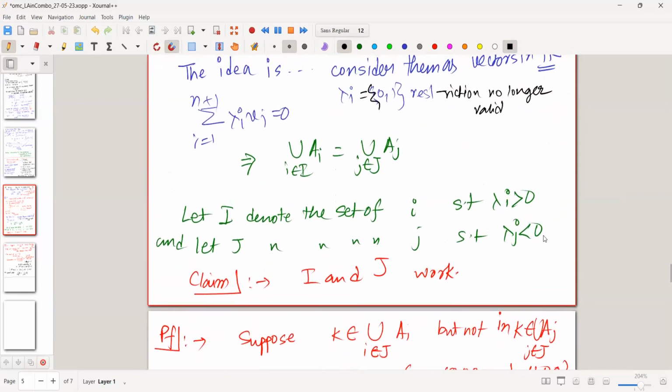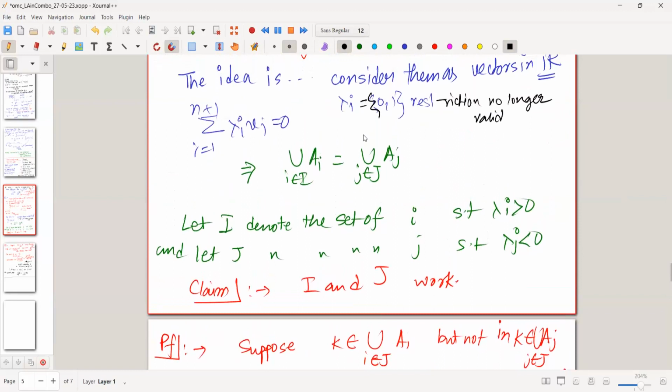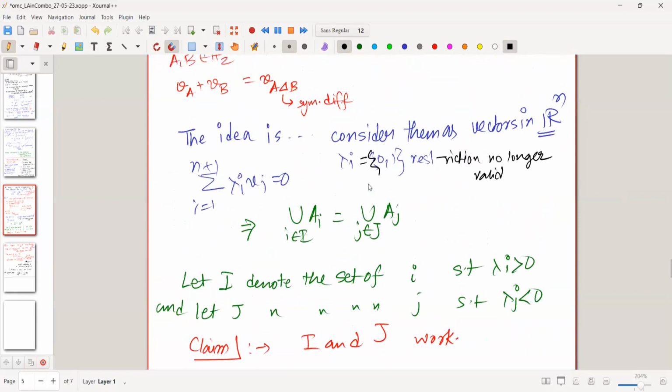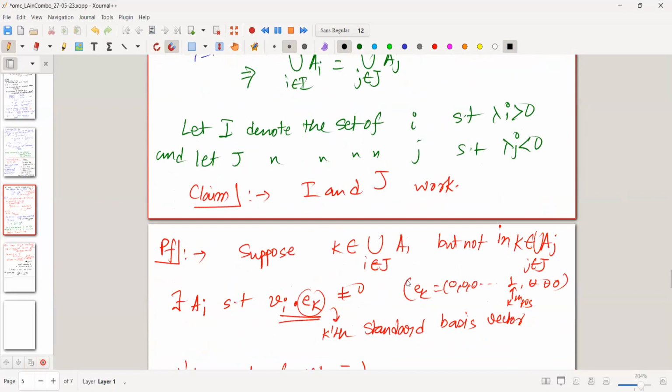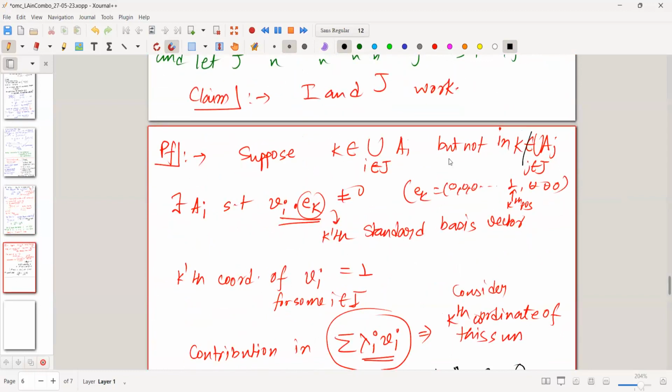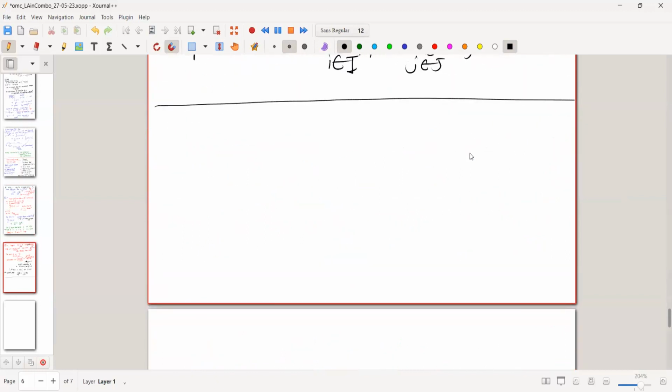You've written suppose k belongs to the union of all Ai where i belongs to J. I think it should be i belongs to I. Oh yeah, oops, sorry. Thanks.